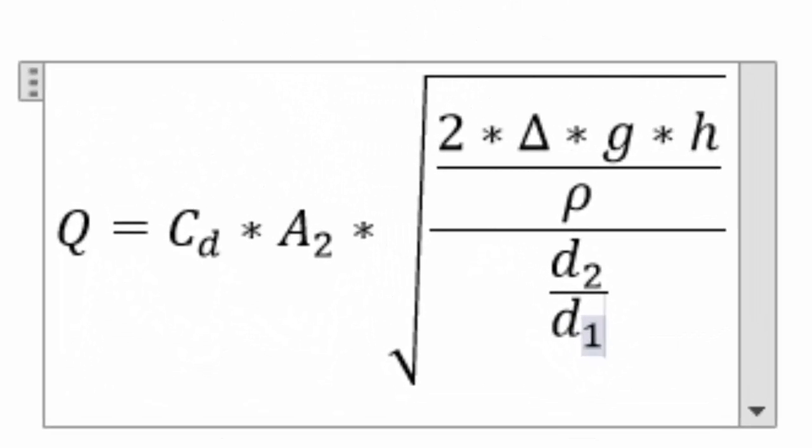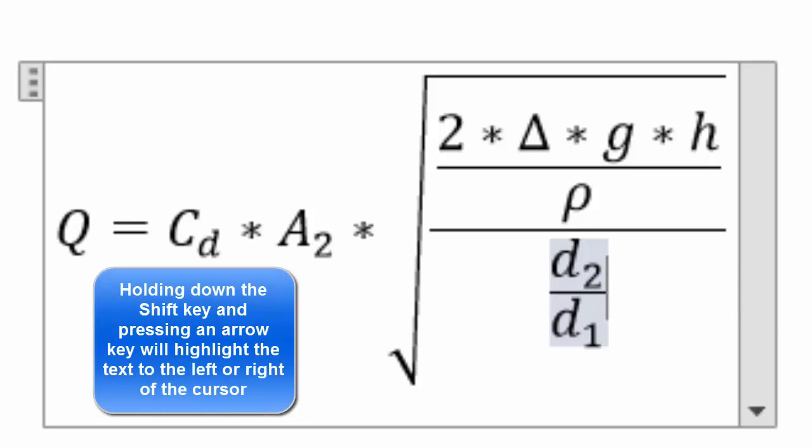Note the 1 is gray, which means that that's still the active character. I need to get a parenthesis around this fraction. So I'm going to press my right arrow key. Now the denominator is selected, and I'm going to press my right arrow key again so that the entire fraction is selected.